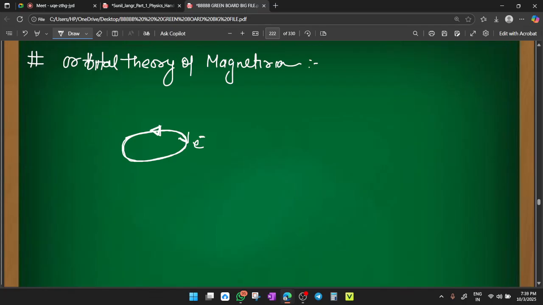Take out your right hand and curl your fingers in the direction of current. So this is the direction of current. You see, a magnetic moment is produced in this direction. Yes or no? It is also possible that magnetism is produced in the downward direction. So there may be two cases, right?